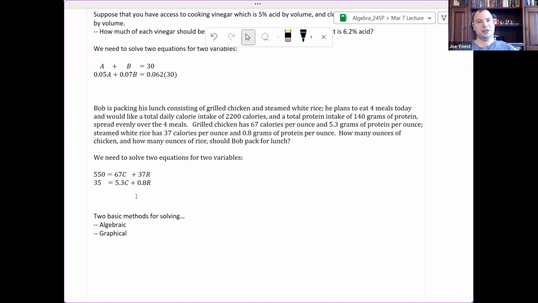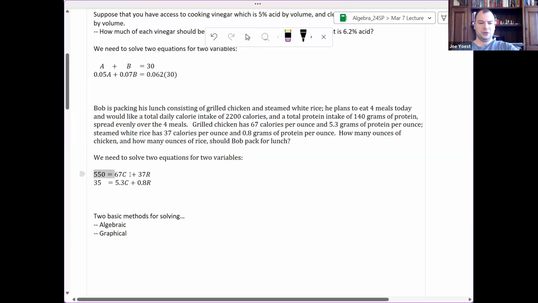That's a balanced system, and I would expect to be able to find a solution to this. We'll see there are some special edge cases, just like there were in equations, like identities and contradictions. But at least typically we would expect that with two equations and two variables, we would be able to find a solution.